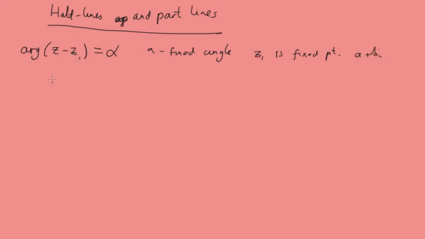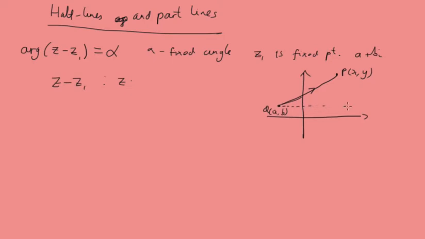So with our previous definition, z minus z1 can be defined like this. Let's draw our points on an Argand diagram first. So we've got point P, x, y, and we've got our point Q again, a, b. And here's our vector z minus z1.